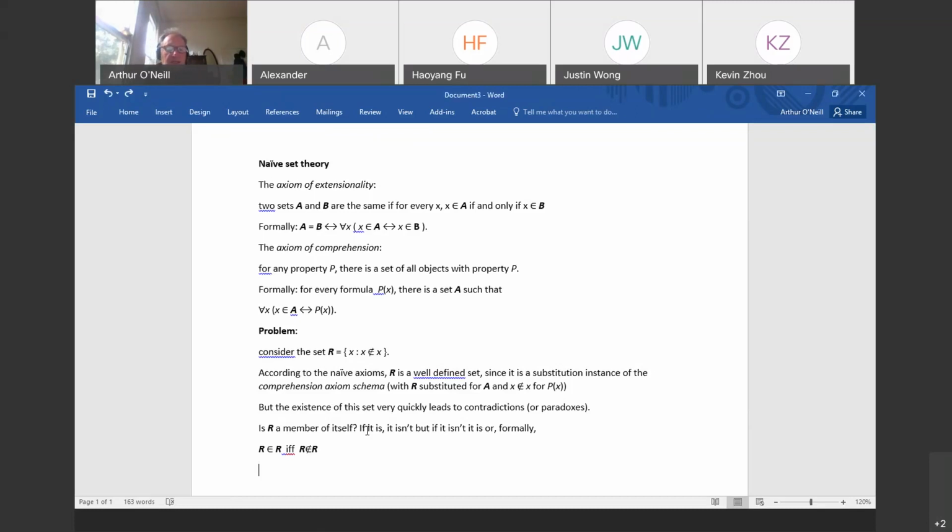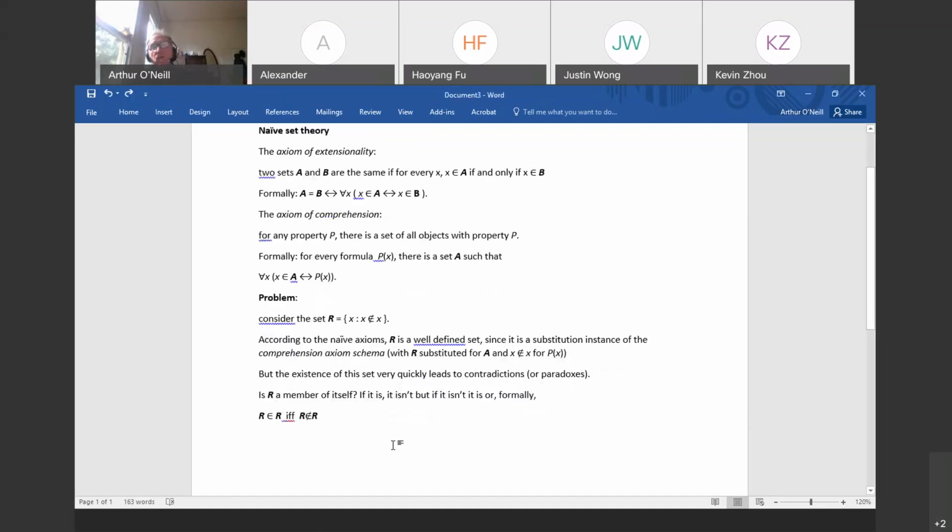But here there is, because you can define that set, the set whose elements are themselves sets that don't contain themselves. And, oh no, is R a member of itself? Well, if it is, it isn't, and if it isn't, it is.